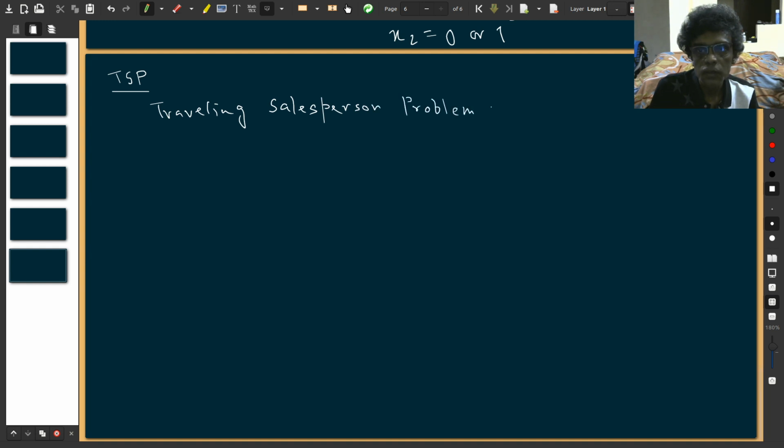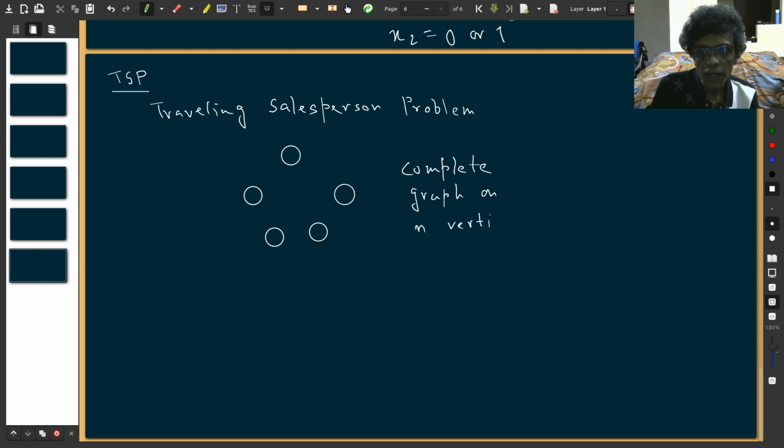What does it deal with? We are given a complete graph on n vertices, something like that. That's a complete graph, undirected, on, let's say, n vertices. So these vertices stand for cities, and this is not only complete, this is also a weighted graph.